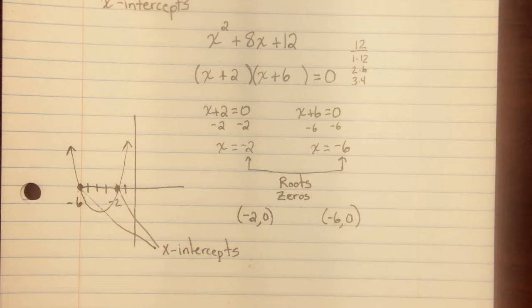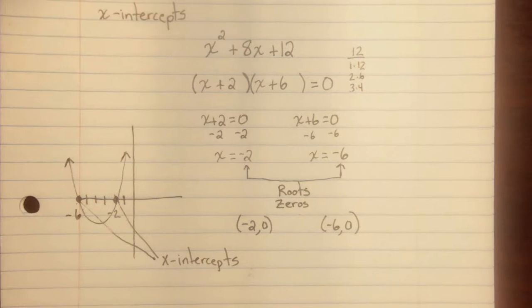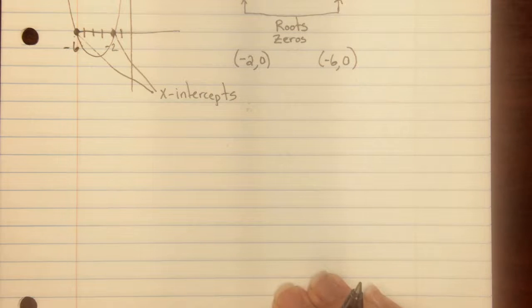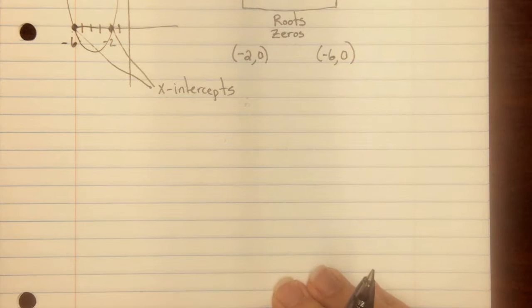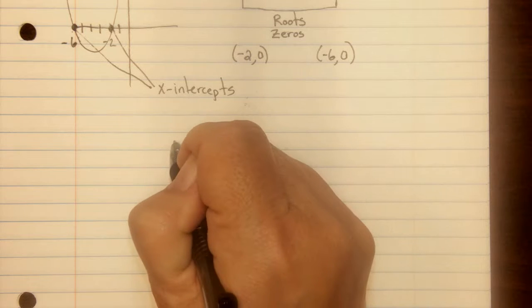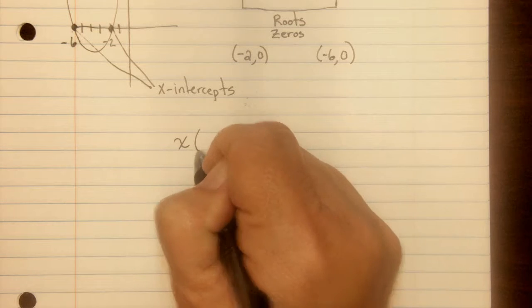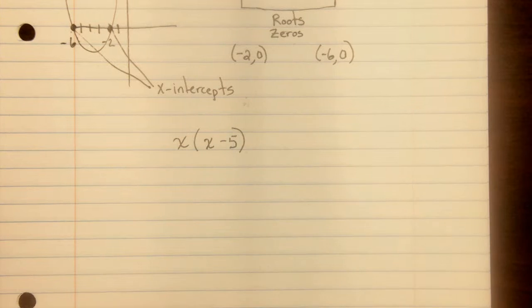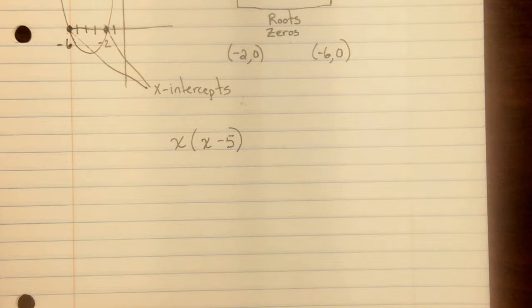All right, so let's do a few, but I'm going to give you the polynomial already in factored form. So what if our polynomial is x times x minus 5? And I say to find the roots, or find the zeros.